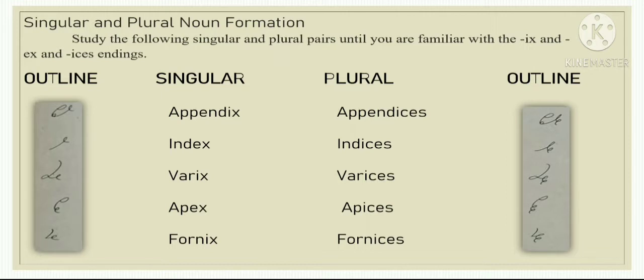Then index, plural form indices. Next is varix, plural form varices. The next is apex, plural form apices. The last one is fornix, and the plural form is fornices.